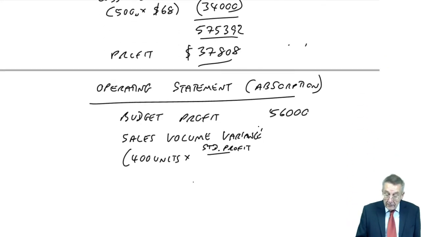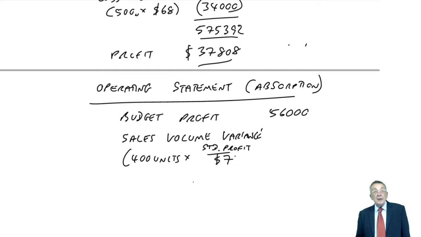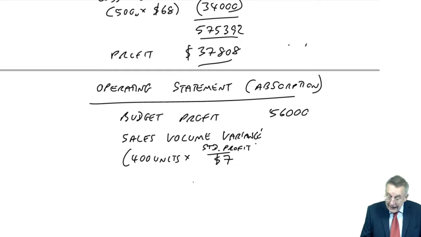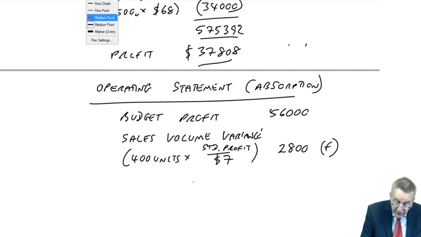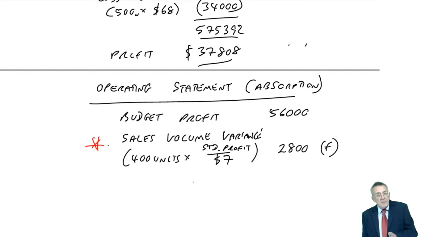And so if you sell 400 more units, you'd expect profit to go up by $7 a unit, an extra 2,800. And there is our first difference. With marginal, we looked at standard contribution per unit. With absorption, the volume variance, we do it at standard profit per unit.